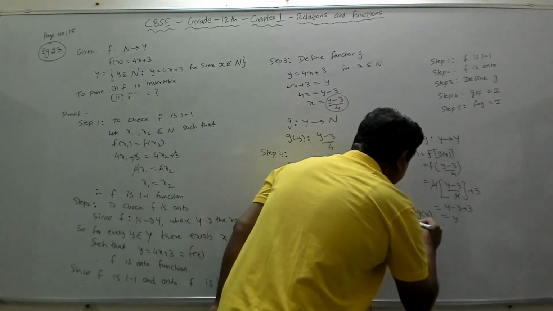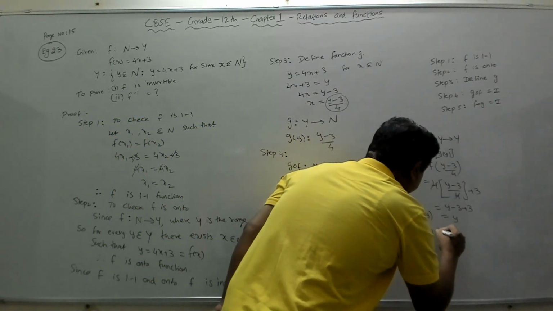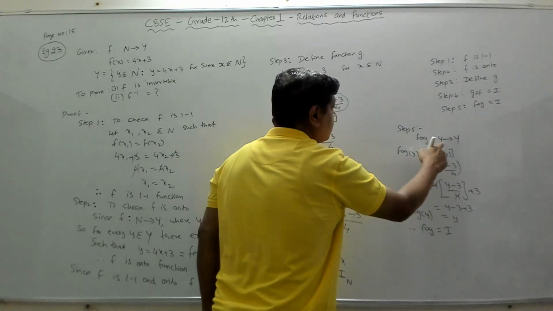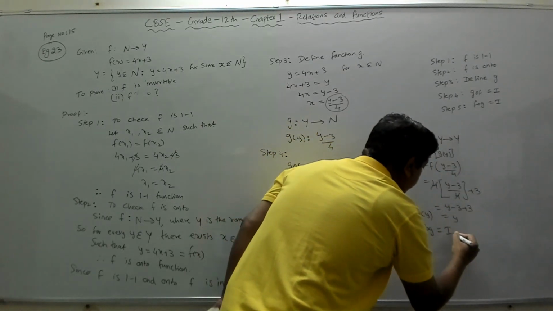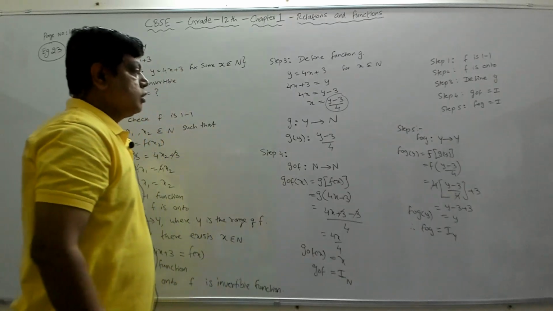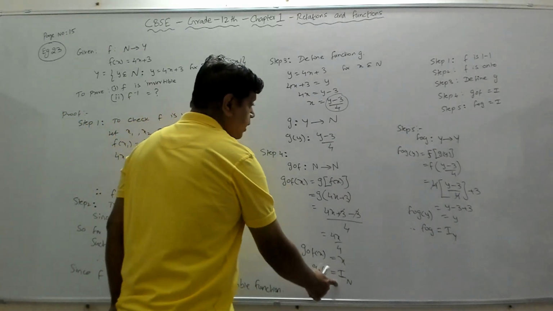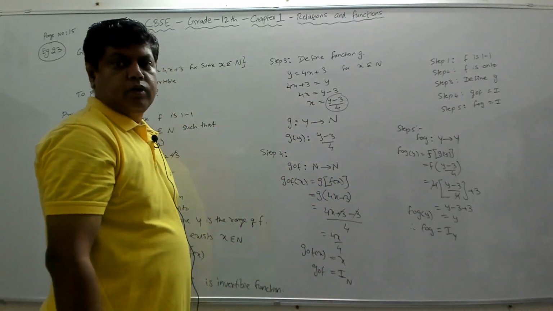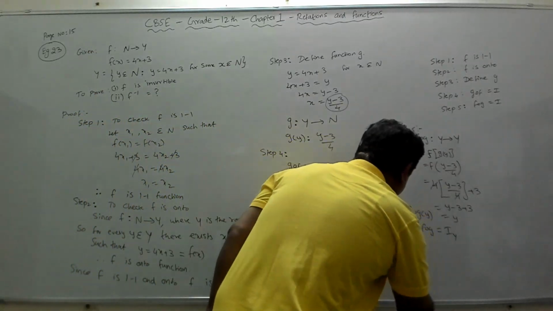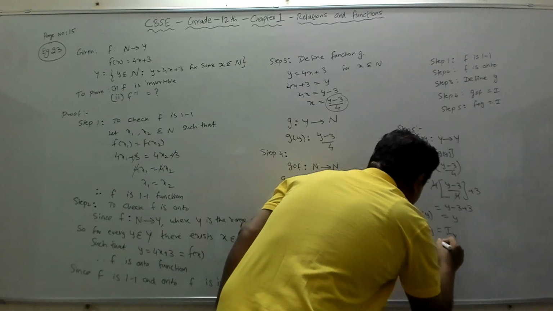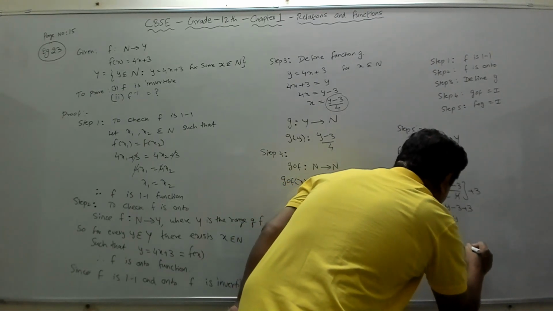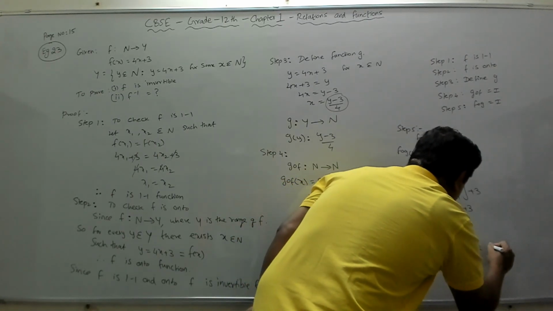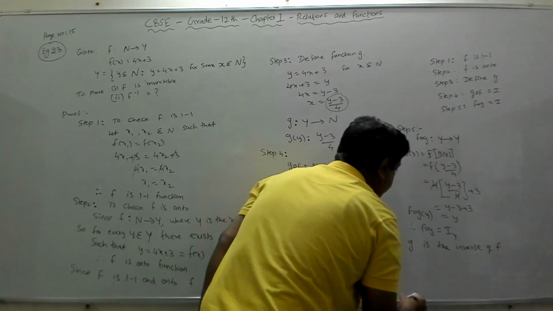So therefore, our f of g also becomes I, where I is from which set? Capital Y to capital Y. Here you will put capital Y. So we have proved g of f is I, and f of g is also I. Therefore, we'll say g is the inverse of f.